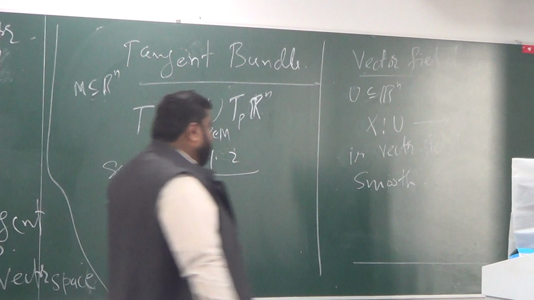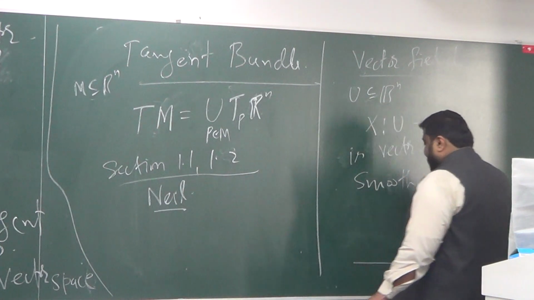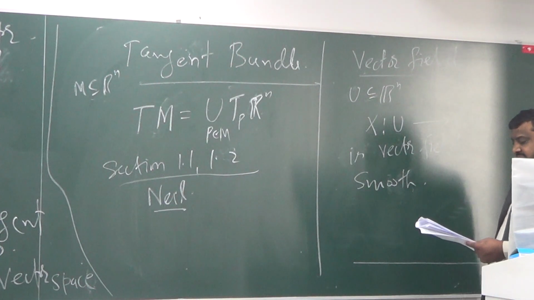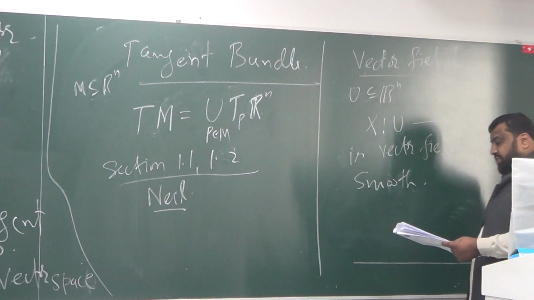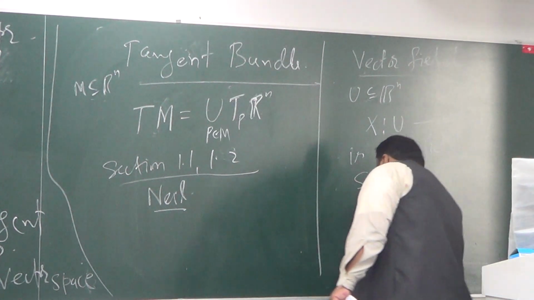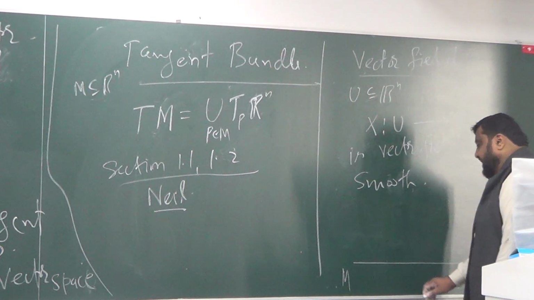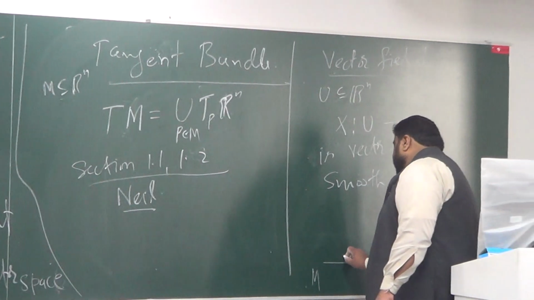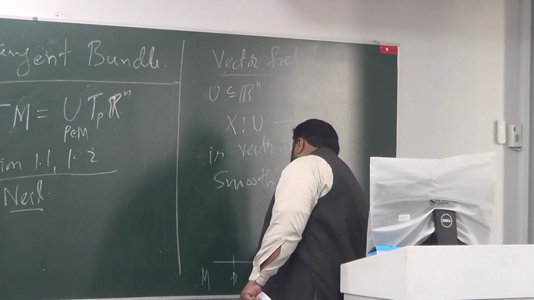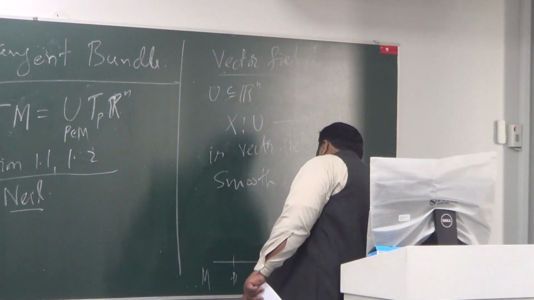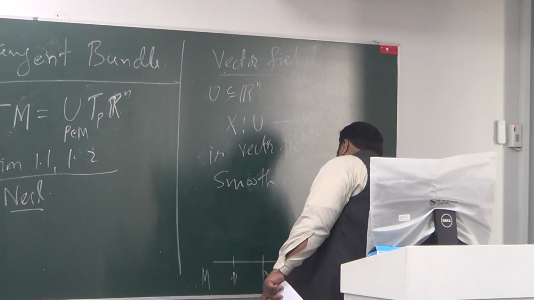Anyway, imagine this is your U or M, whatever you want to call it. In this picture it calls it M, for example. So M is a part of Rn, and obviously M is going to comprise the points P1, P2, P3 and so on.